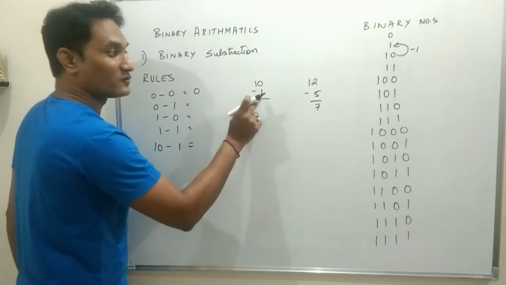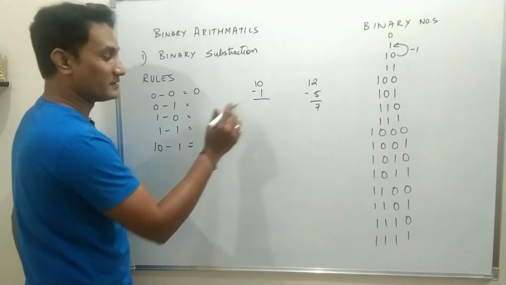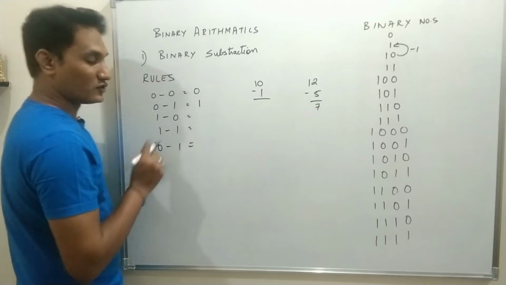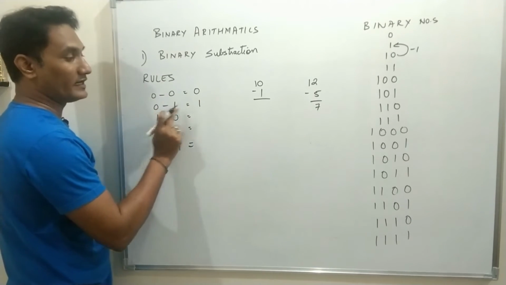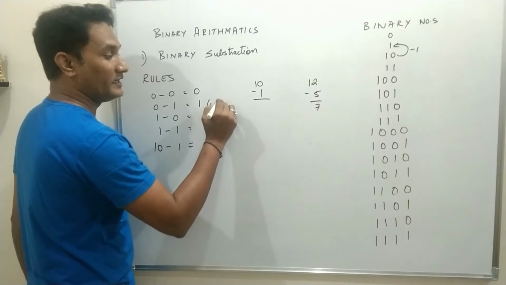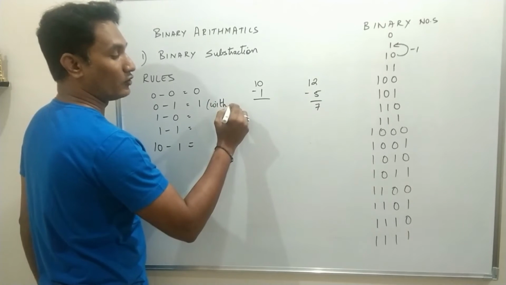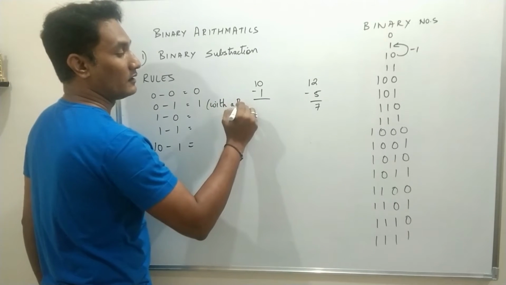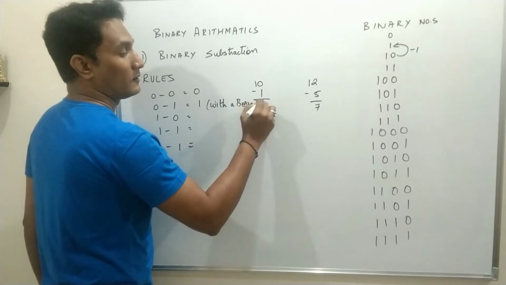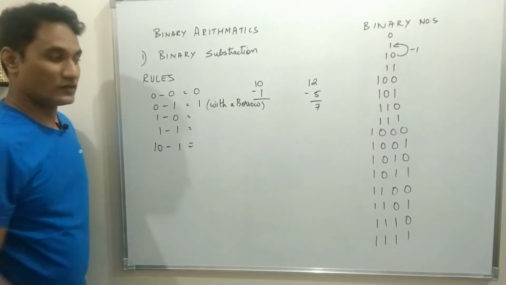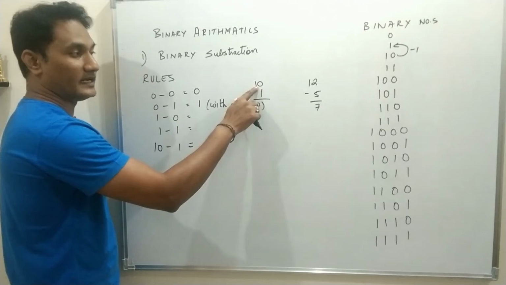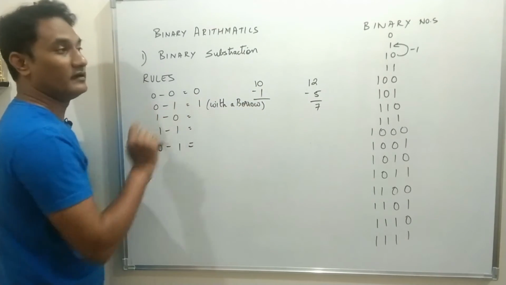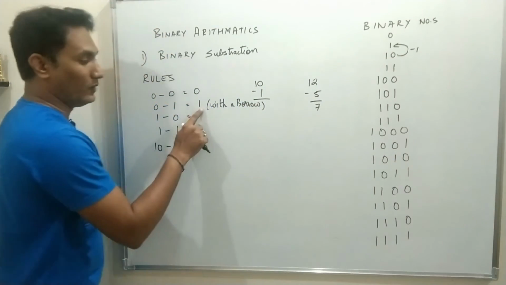So 10 minus 1 in the binary number system will be 1. So we will write 0 minus 1 as 1 when a borrow is generated. So if you generate a borrow, this value becomes 10, and 10 minus 1 gives the next lower number, that is 1.